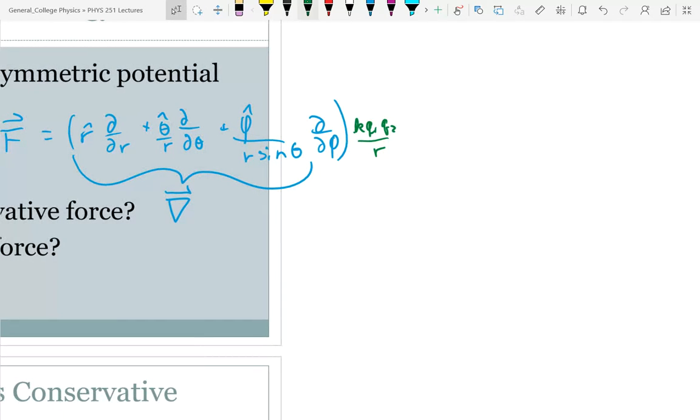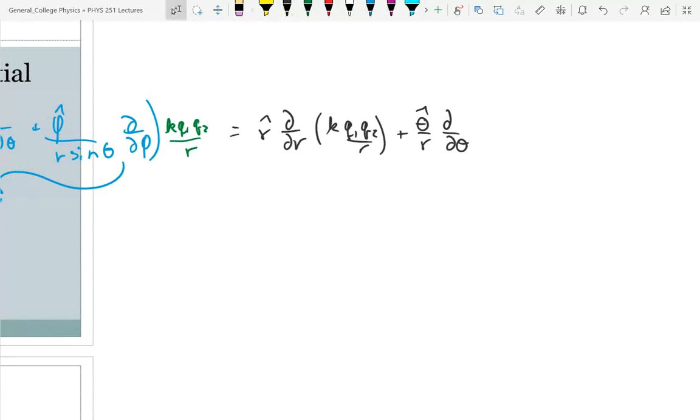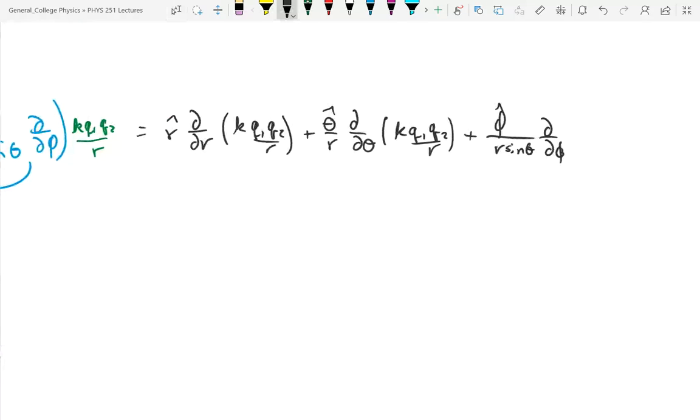So if I expand it out, there I've expanded the whole thing out. And so now we just need to do the derivatives.